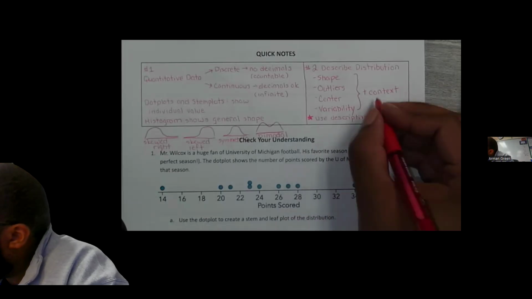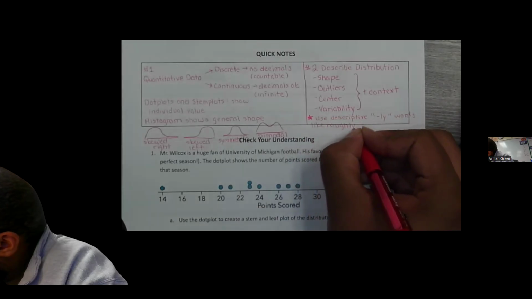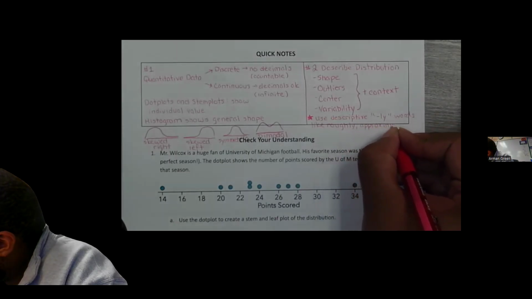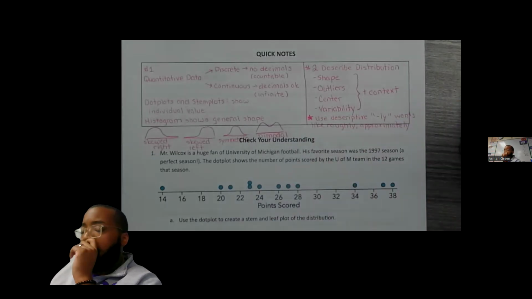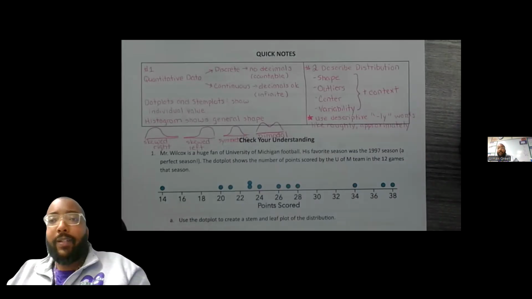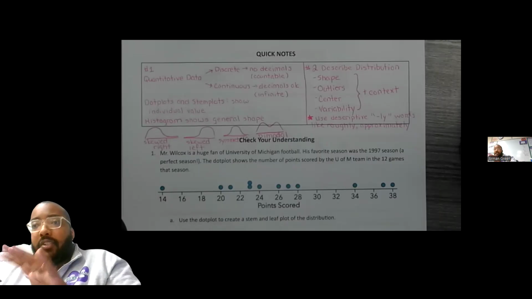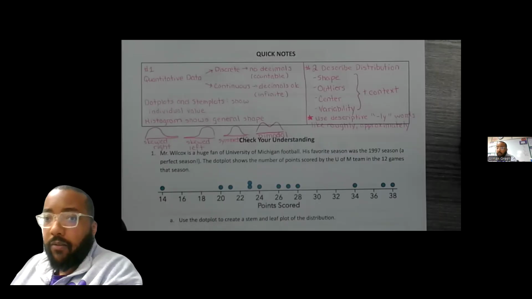So words like roughly, approximately, and so on and so forth. Because when you're talking about description, not everything is going to be exactly perfect. So if you're saying the shape is roughly symmetrical, that's okay to say. It's probably not going to be ideally symmetrical, but it's giving that shape. So that's why we say use those LY words.